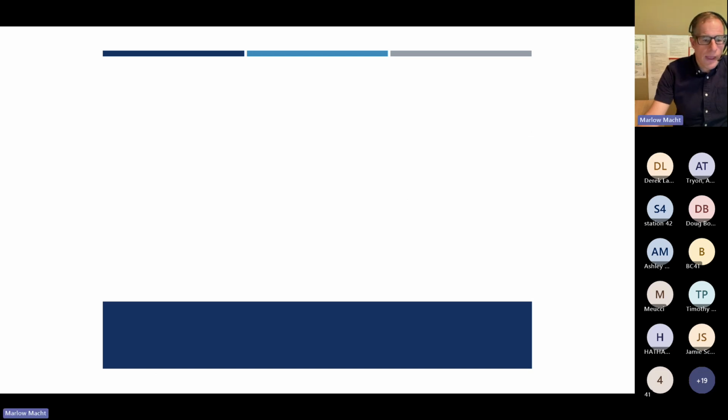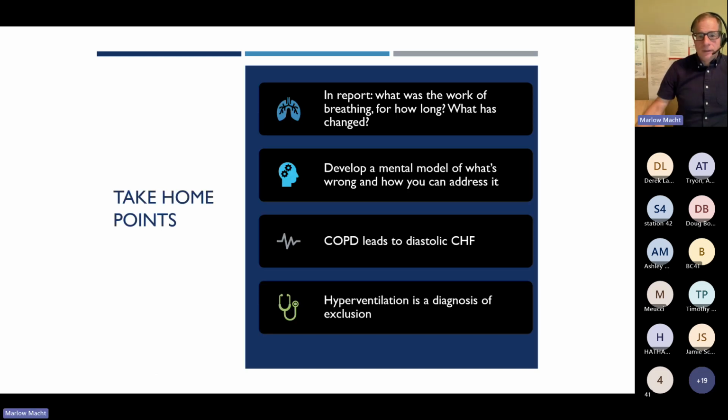Okay. And with that, I'm going to move on to the take-home points. The things that I'm really hoping to convey in today's session, the key things that we're looking for in report, are what was the worker breathing and for how long, and what's changed over your time with the patient. We want you to develop a mental model of what's wrong with the patient and how you can address it.